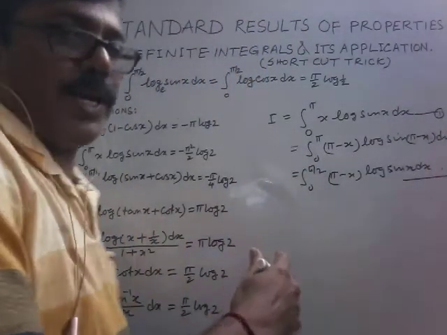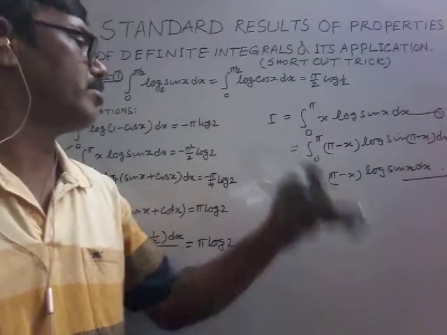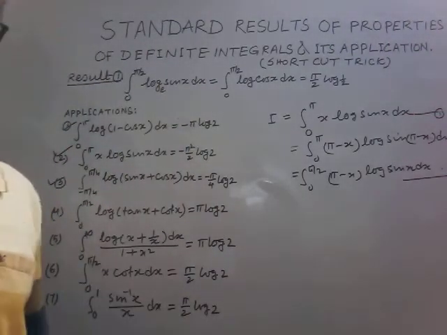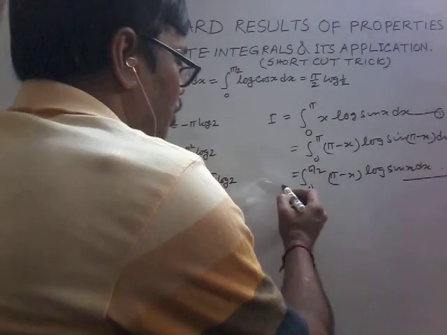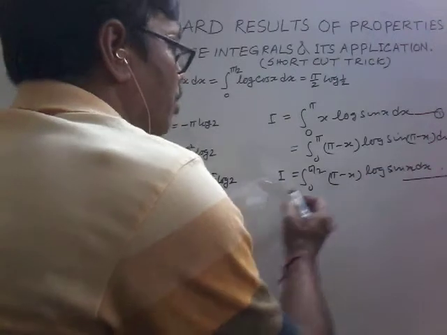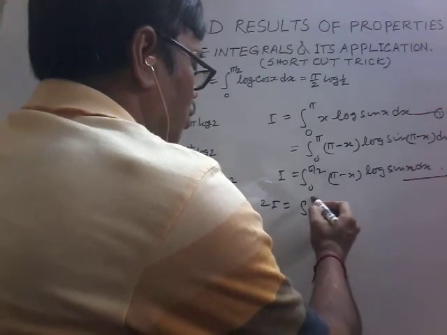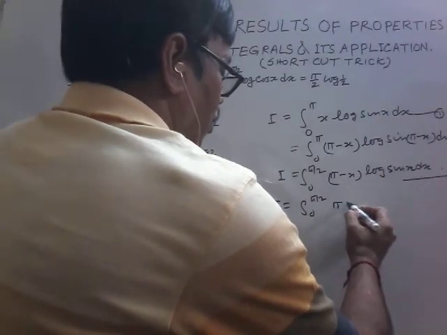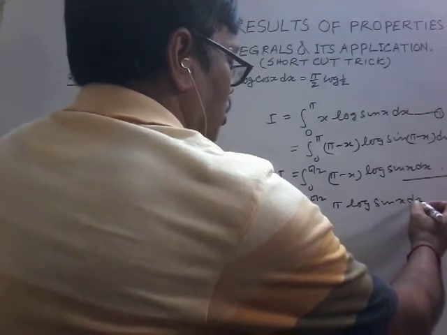So what is our main aim? Our main aim is to cancel x, because in our standard result x is not present. Now if we add these two equations, we get 2I equals integral 0 to pi, so x cancels, pi into log sin x dx.